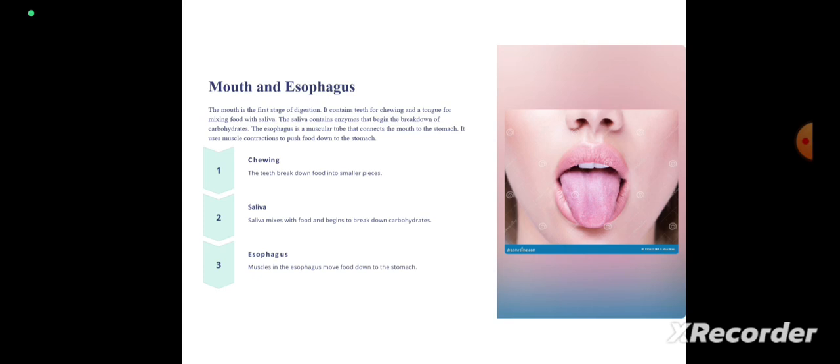The accessory organs are the teeth, tongue, salivary glands, liver, gallbladder and pancreas.